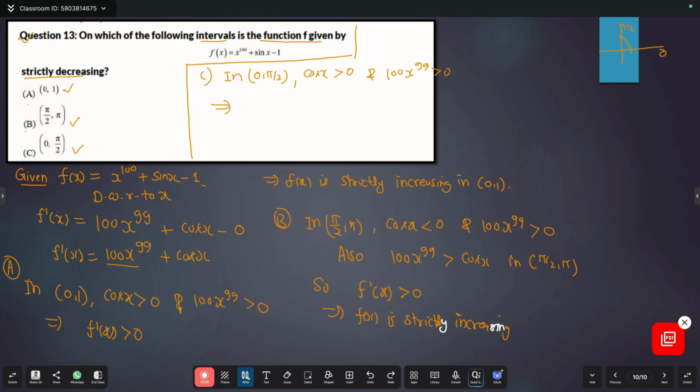It implies the sum is also positive, and the sum is f dash x, positive. So it implies f(x) is strictly increasing in 0 to pi by 2.